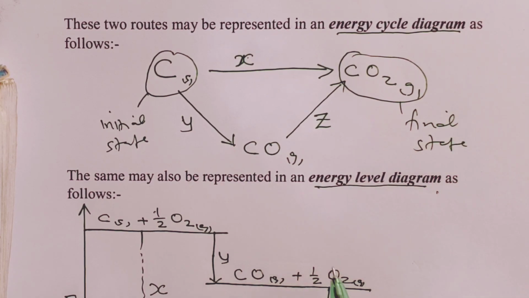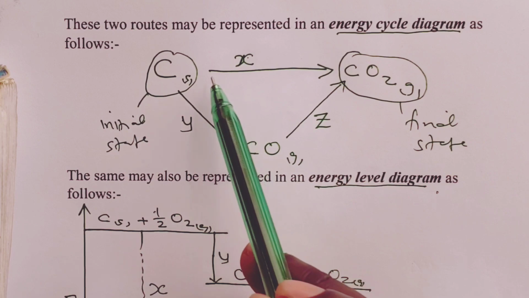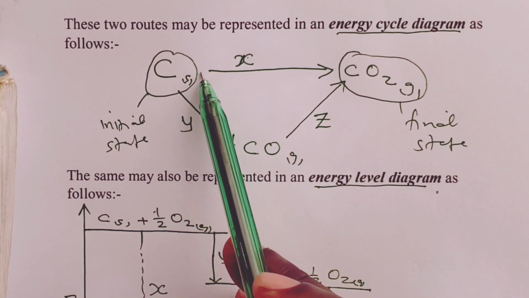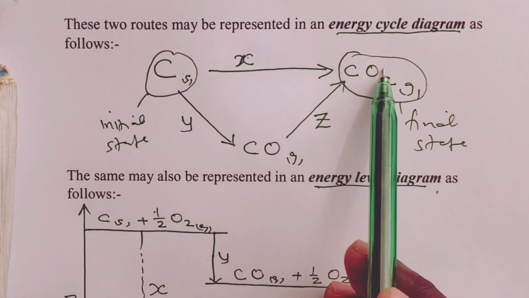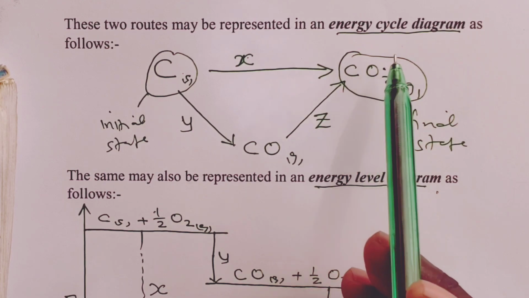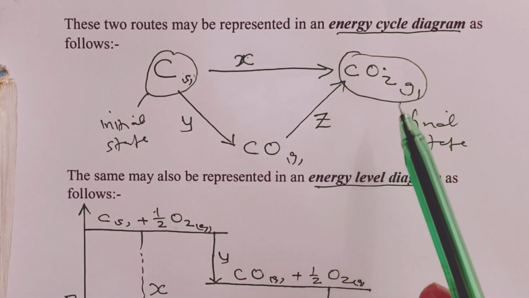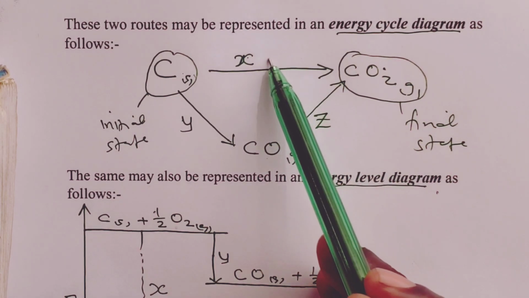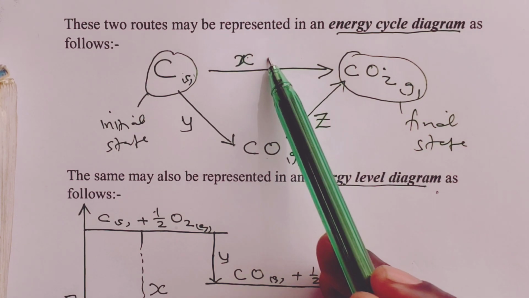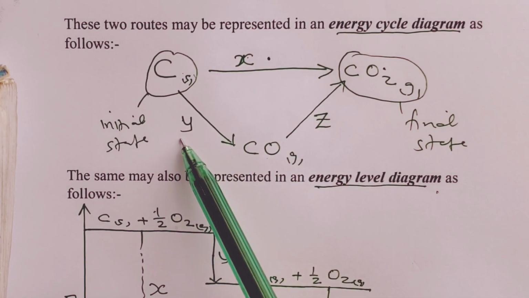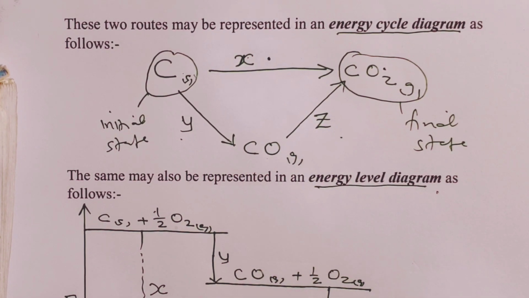By Hess law, the amount of energy spent or released for the direct route is the same as for the indirect route. So we can conclude that X is being given by the summation of Y and Z.